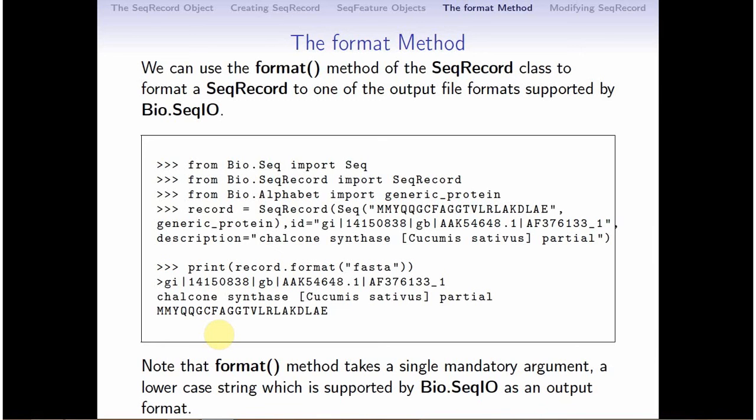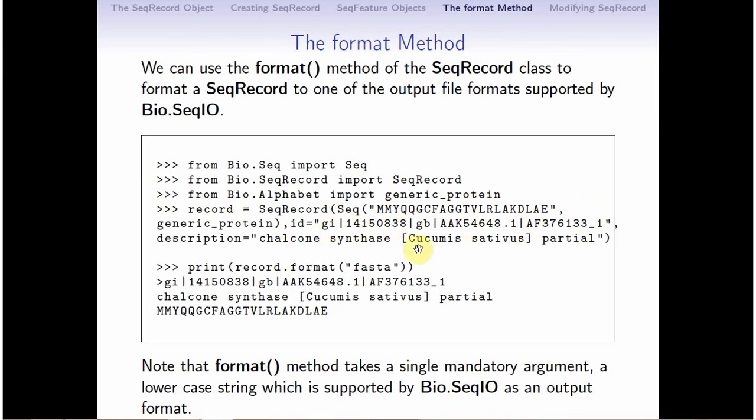We can use the format method that the sequence record class offers to format a sequence record to an output file format supported by SeqIO. That means, for example, you want to change it to a FASTA file or whatever. Look at this example. Import SeqRecord, import the alphabet, import generic protein. This is my sequence record, which I created myself.